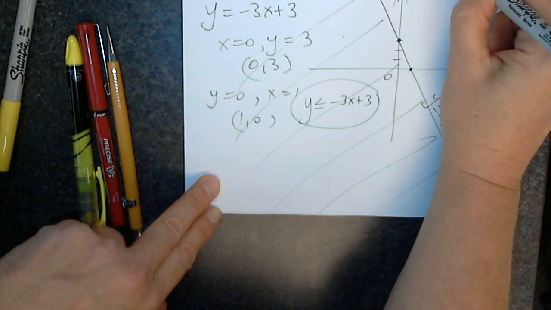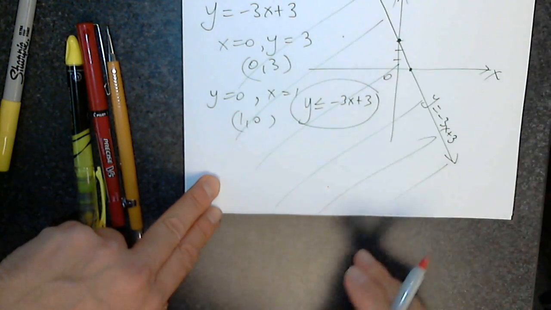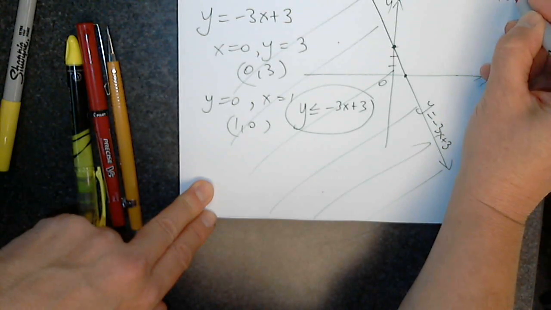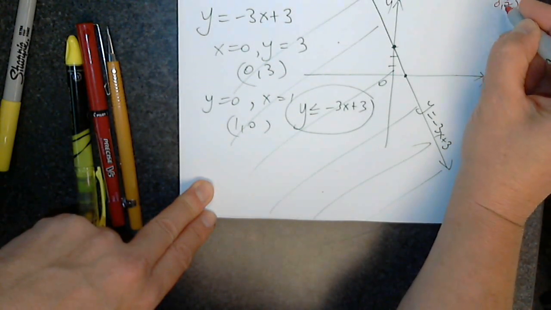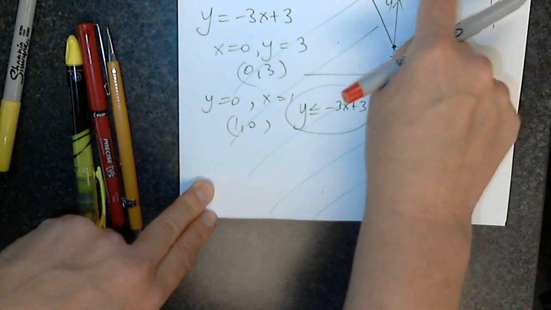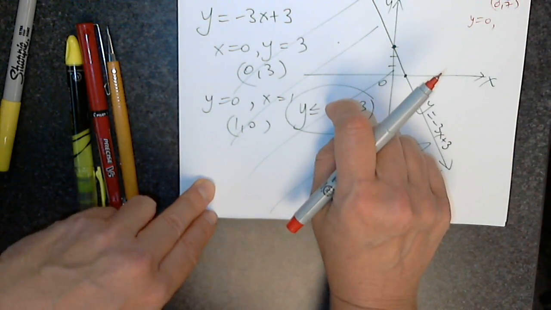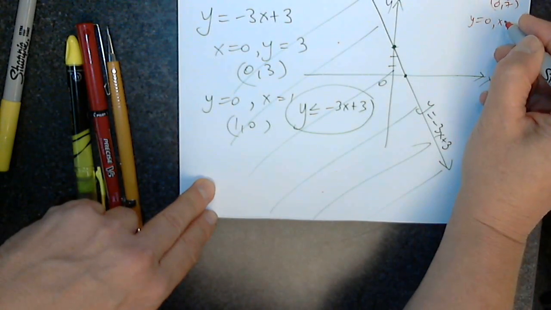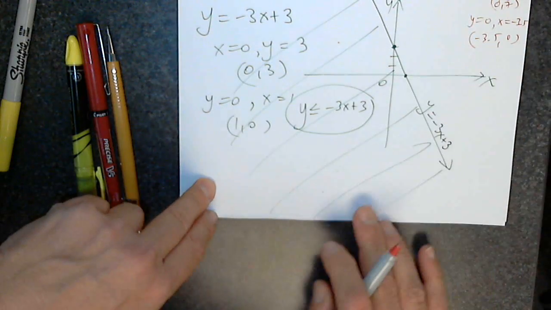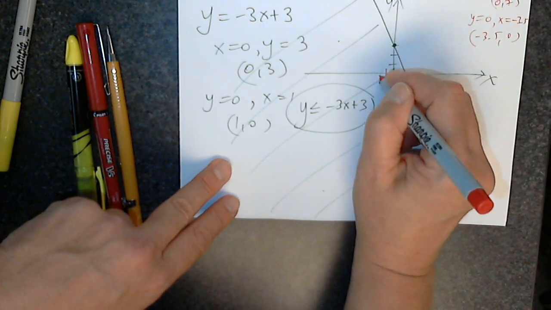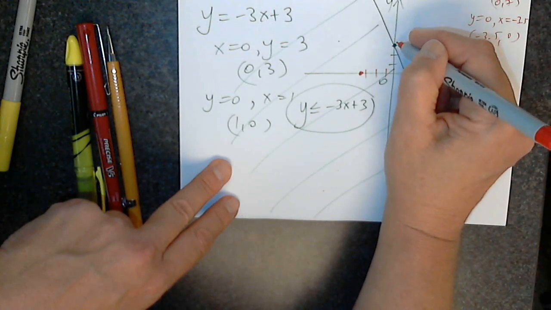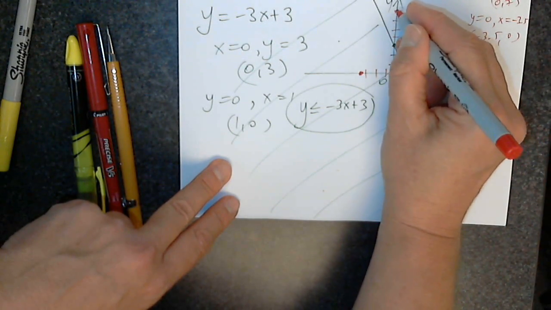Now the other one is y equals 2x plus 7. When x is 0, y is 7, so 0 comma 7. And when y is 0, I move 7 to the other side, so it's going to be negative 3.5. So negative 3.5 comma 0. Okay. 1, 2, 3.5, and 7. 3, 4, 5, 6, 7.